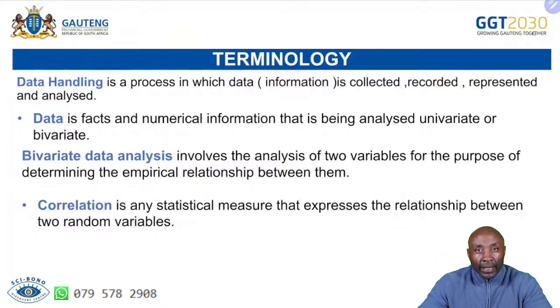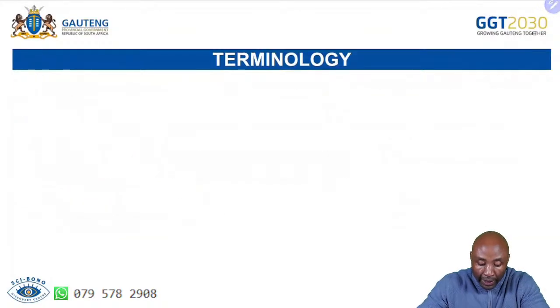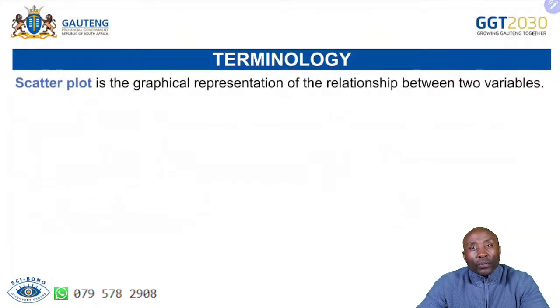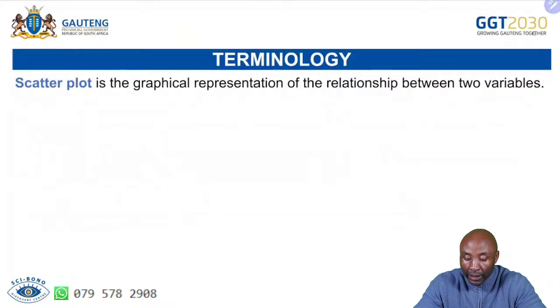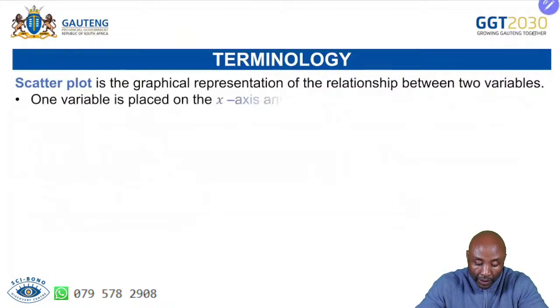there's another term that we are going to use a lot. It's called correlation, which is any statistical measure that expresses the relationship between two random variables. And we use a scatter plot, which is the graphical representation of the relationship between the two variables.